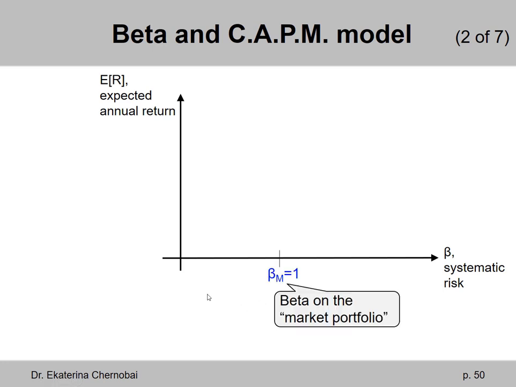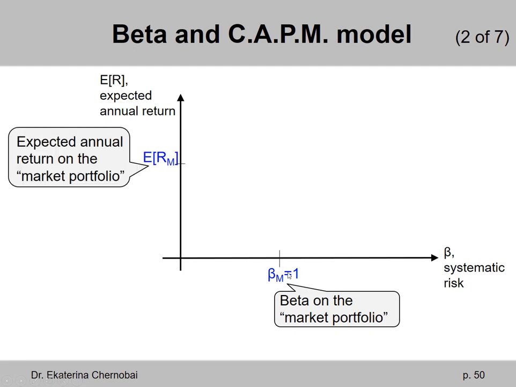Let's first mark our first point on this graph. The market portfolio. By definition, the beta of the market portfolio is 1. So somewhere along the horizontal axis, we mark a point and we say that it's 1.